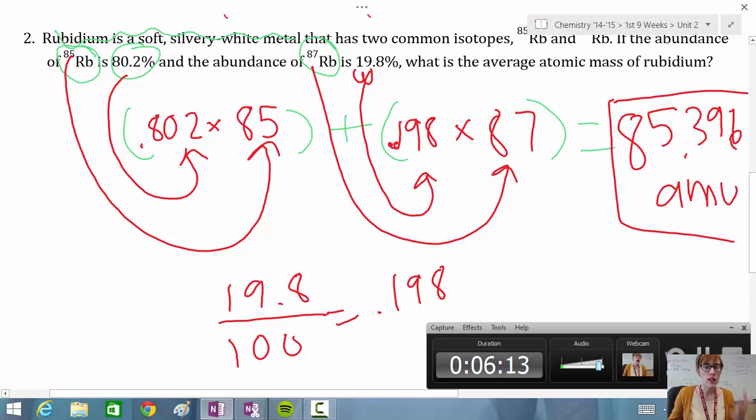Now, ask yourself, does this answer make sense? Well, 19% of rubidiums are at a mass of 87, and 80% are at a mass of 85. So it makes sense that my answer should be closer to 85 than to 87, and as I can tell, it is.